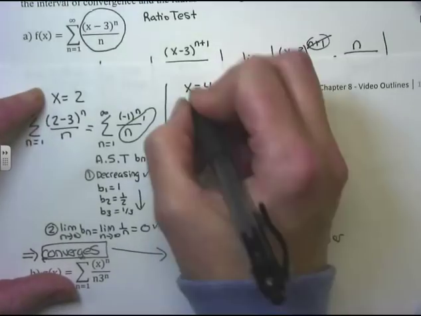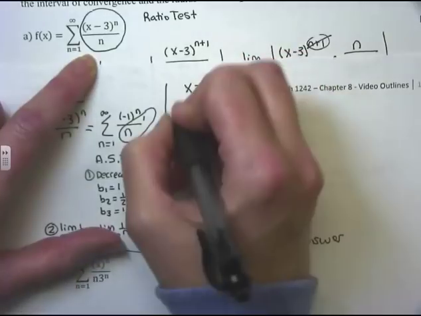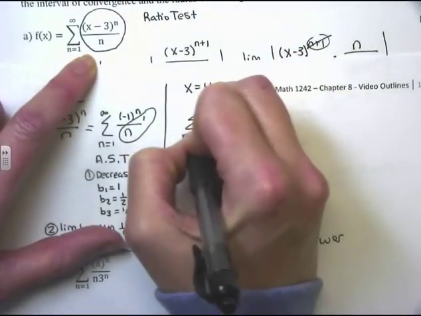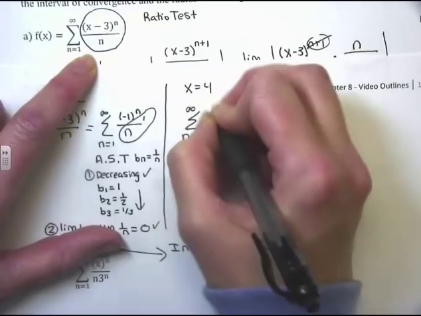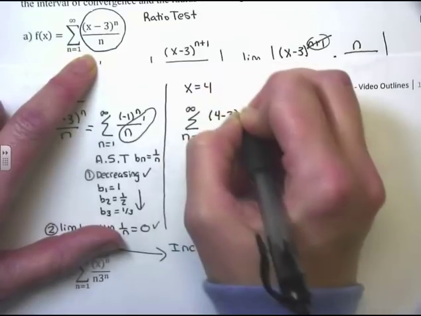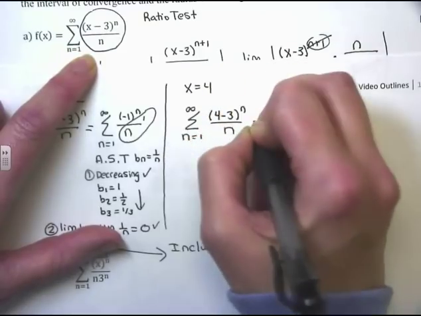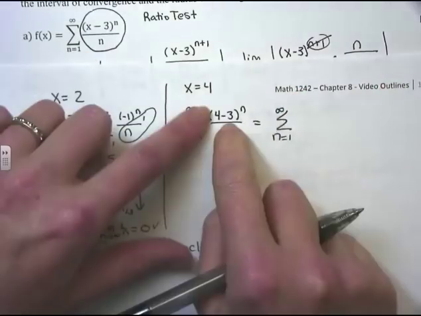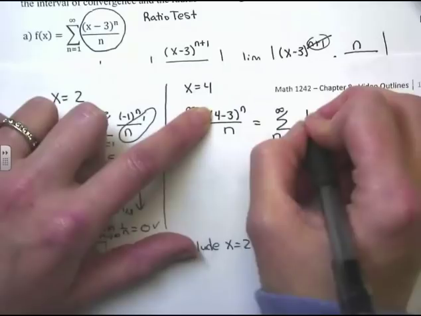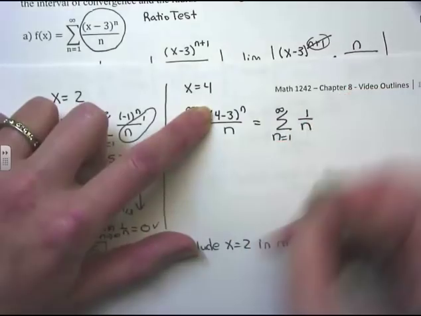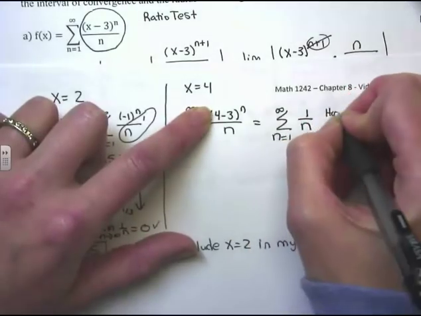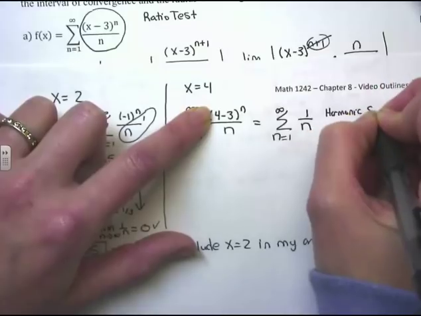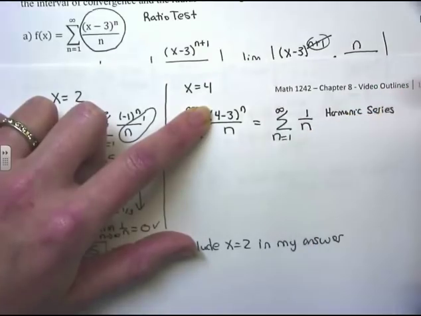When x is equal to 4, I'm taking my given series, which was the series going from 1 up to infinity of (4 minus 3)^n over n. Simplifying, I have a sum going from 1 to infinity. 1 to the nth power is just 1 divided by n. This is our harmonic series, which you should know diverges.